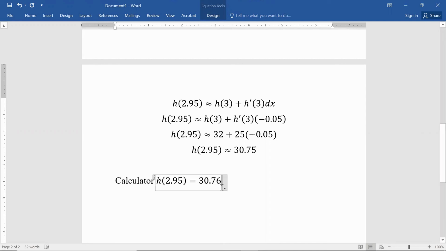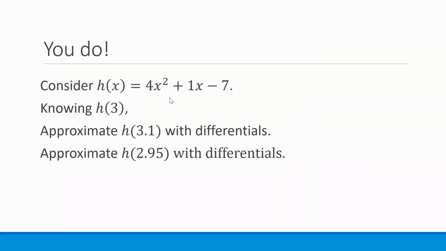Again, we're very, very close to the value of the actual function with our approximation. So our approximation does a pretty good job when the x value is close to the x value you're starting with. That's how we approximate these values using differentials.